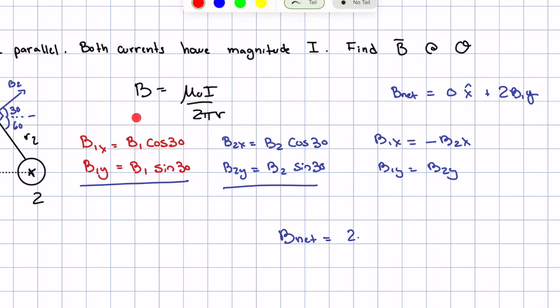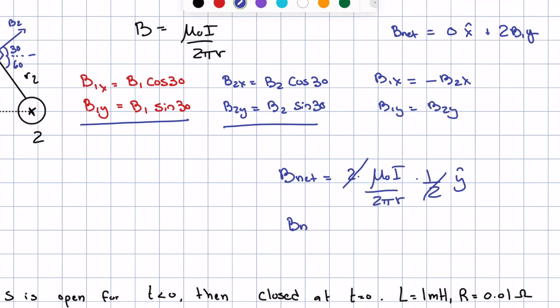What is B1? It's mu naught I over 2 pi r times sine of 30. The sine of 30 is 1/2. So it's going to be that times 1/2, cancel that, and I get B net is equal to mu naught I over 2 times pi times r.